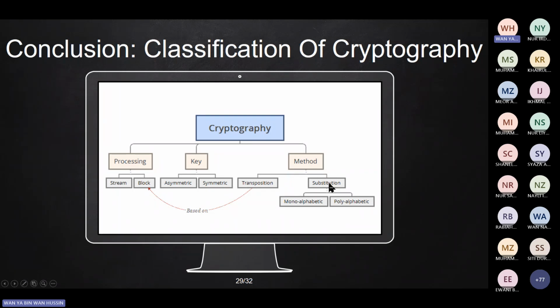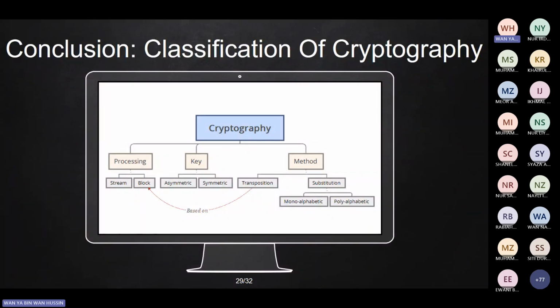Now in substitution, we have two subcategories: monoalphabetic and polyalphabetic. Monoalphabetic means we apply one single substitution rule for every alphabet. While for polyalphabetic substitution cipher, we apply two or more substitution rules.